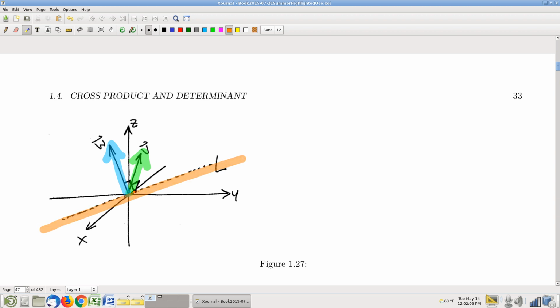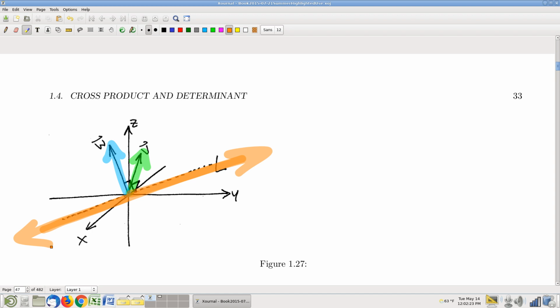Well, it's got to either point that way or that way, one or the other. You give me 2 vectors in space, right? There's only one line that's actually perpendicular to both of those 2 vectors. Now here's another thing I know about the cross product.